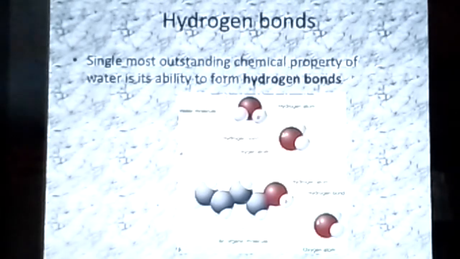If you look at another molecule, again, it's the hydrogen of one and a negative of the other. So, for example, in our picture, an organic molecule could be a sugar or a protein. This is what allows water to dissolve just about anything. And in the body, this is what allows water to bring nutrients into a cell and wastes out of a cell.